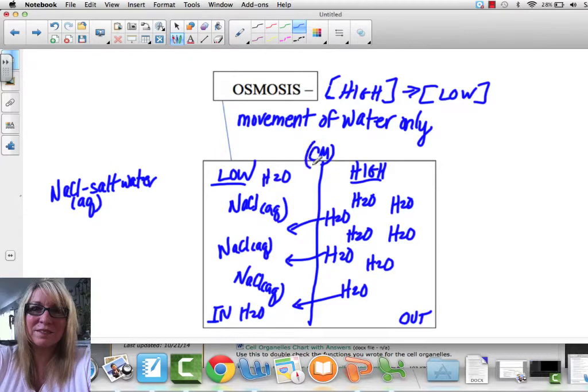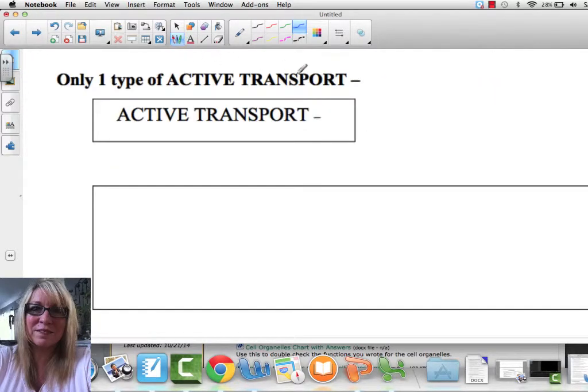CM, we'll mark that cell membrane. So we've talked about diffusion and osmosis. They're both movement of materials from an area of high concentration to low concentration, except for osmosis deals with just water. And let's talk about the last type and then we're done.